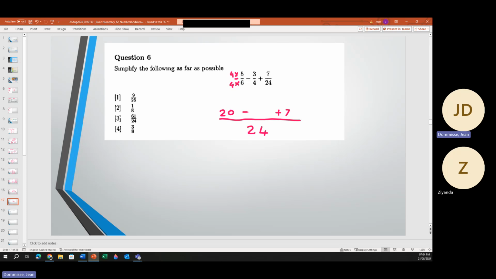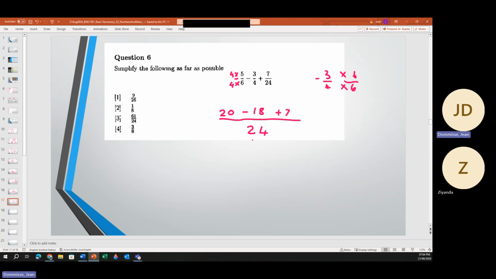Then I do the same for minus 3 over 4. How did I get from 4 to 24? I multiplied by 6, so I need to multiply minus 3 by 6 as well. Minus 3 times 6 is minus 18.